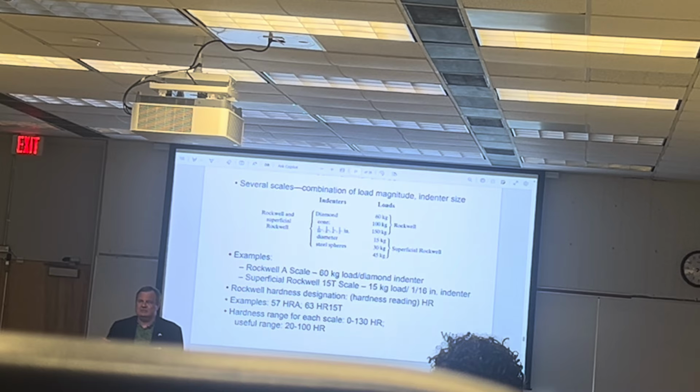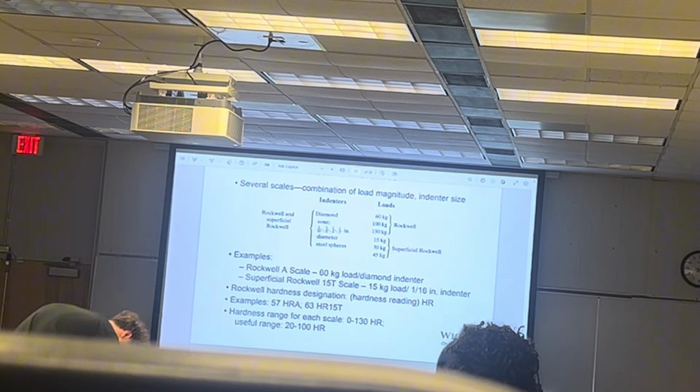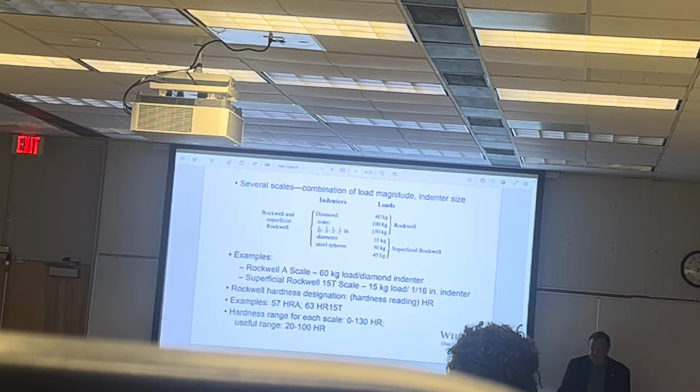What I can tell you is the universal hardness, which by definition is load divided by the indentation area. And that is measured in pascals. And this was taught to me in a class like this.